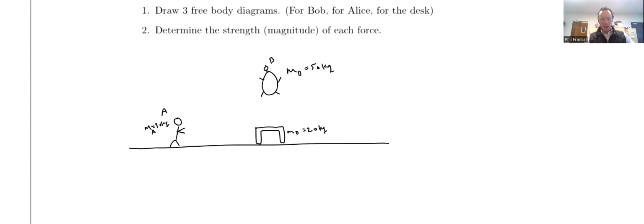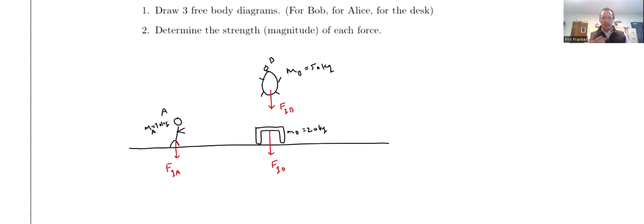Each object has a gravitational force exerted on it by the Earth. So FGA is the force of gravity on Alice. FGD will be the force of gravity on the desk. And FGB will be the force of gravity on Bob.